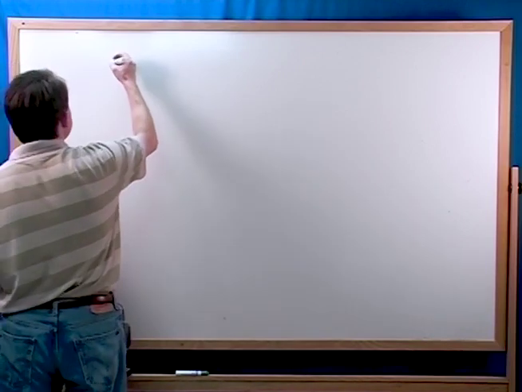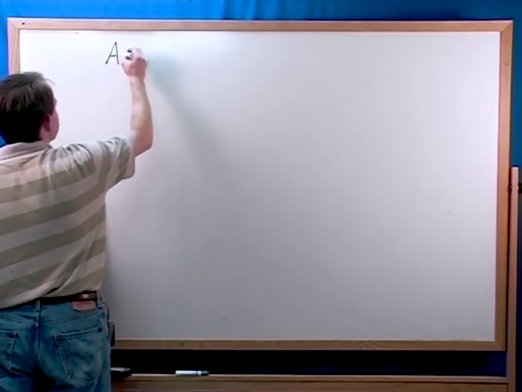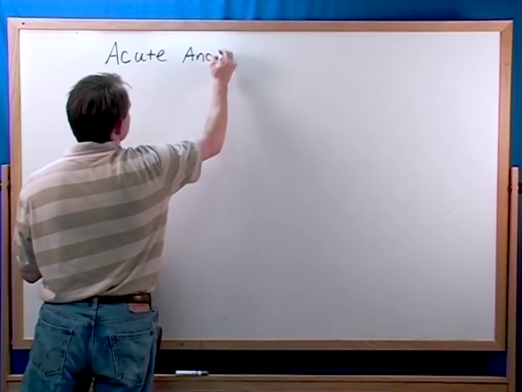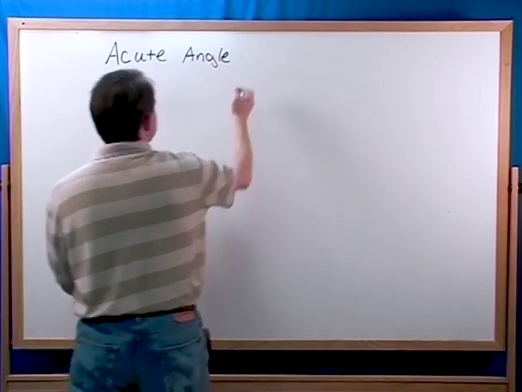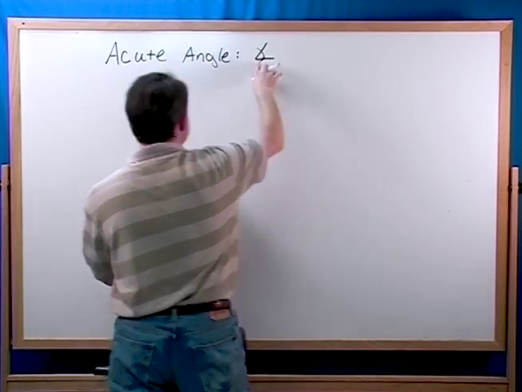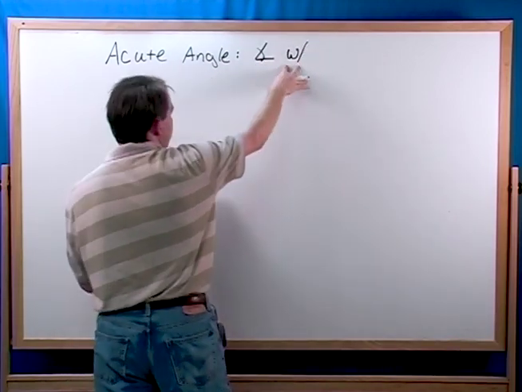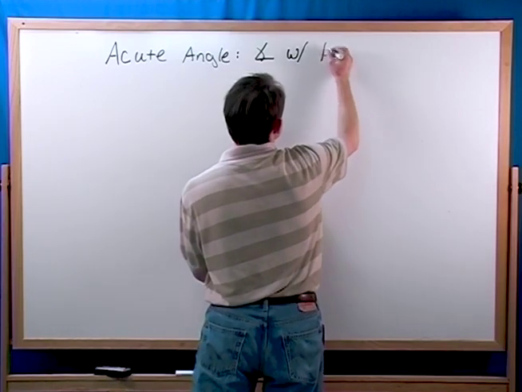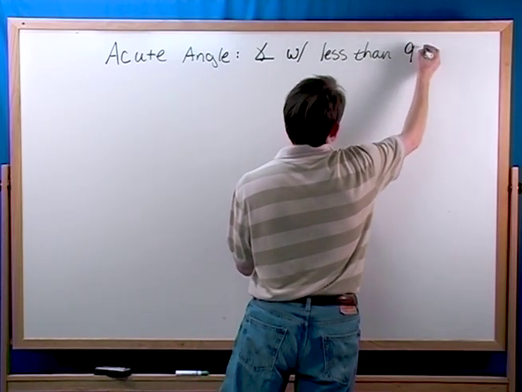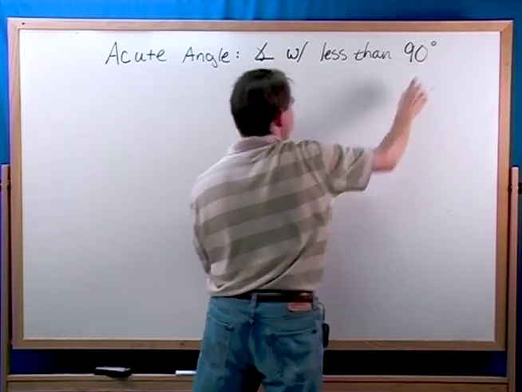Okay, the next thing we're going to do is we're going to classify angles a little bit further, and we're going to say that we have something called an acute angle. And all that means, okay, is an angle, that's what the symbol is, angle with, that just means with, less than 90 degrees.